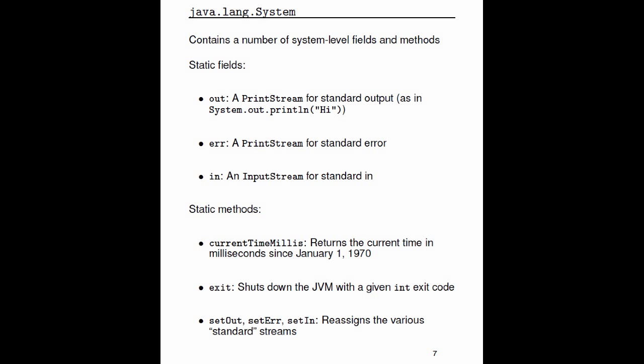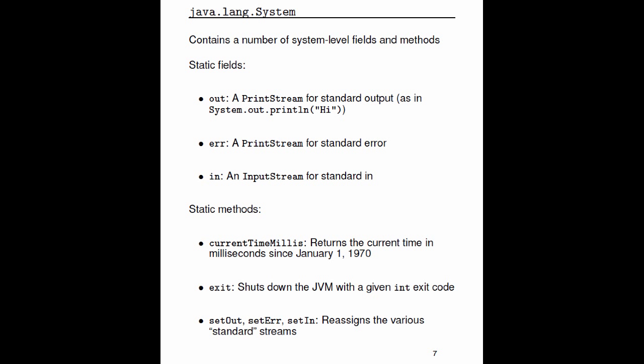But in Java, System.out.println, nothing special. There is an object referred to by System.out, and you invoke the println method on it. Just like System.out, there's System.err, which represents standard error, and System.in, which is an input stream for reading standard in. There are also some interesting static methods. currentTimeMillis returns the number of milliseconds since January 1st, 1970. So this is a way of getting the current time, sort of the system clock.